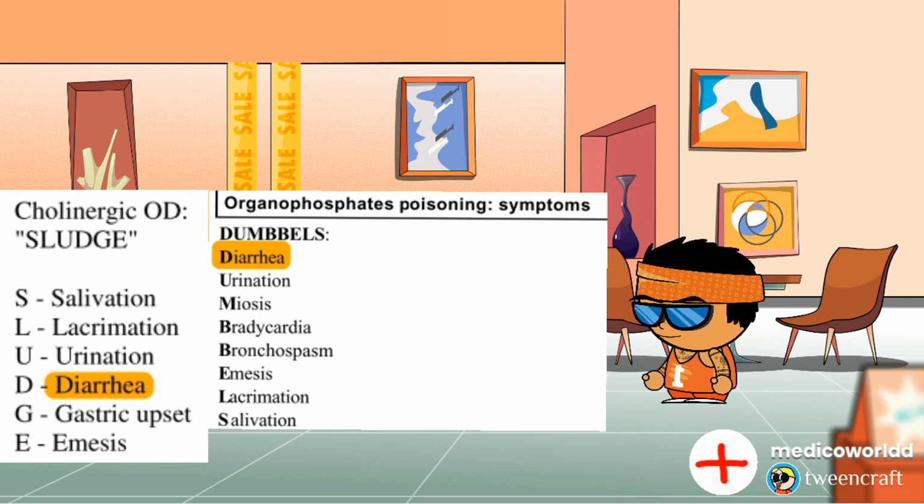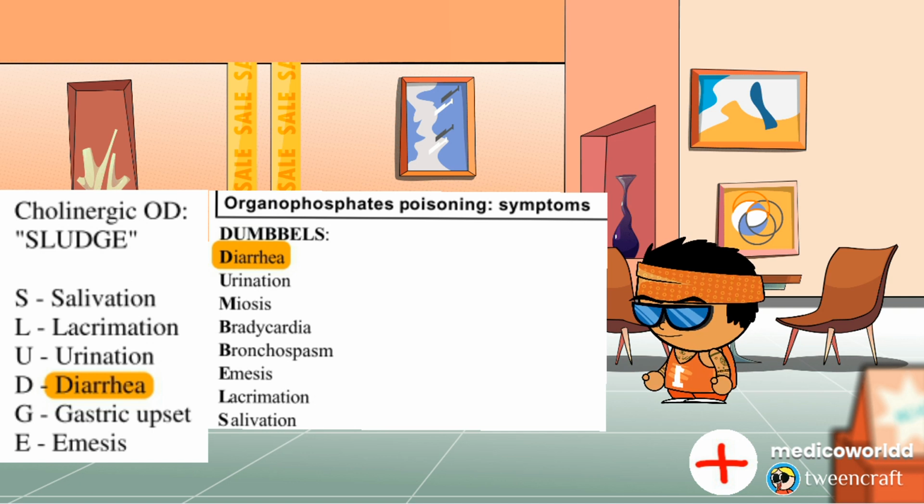Now, the diarrhea related with the cholinergic crisis. You can remember that with the SLUDGE mnemonic. S for salivation, L for lacrimation, U for urination, D for diarrhea, G for gastric upset, E for emesis. Another one is organophosphorus poisoning, which is one type of cholinergic crisis.